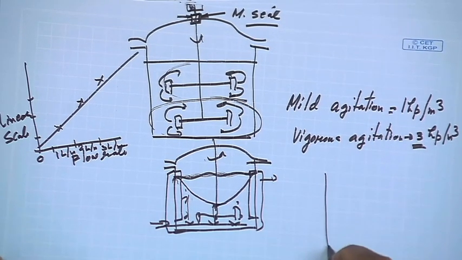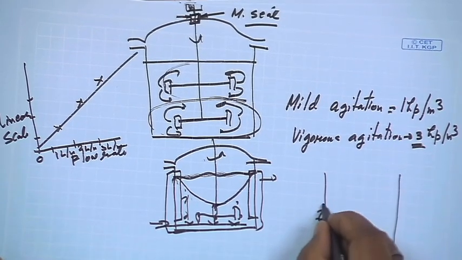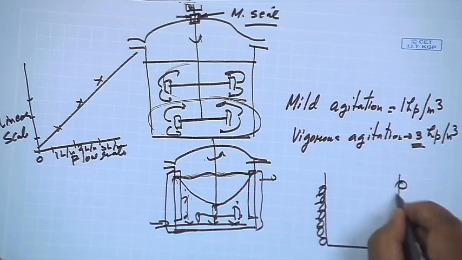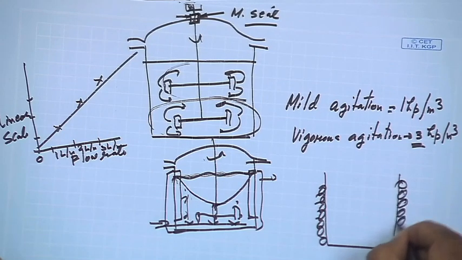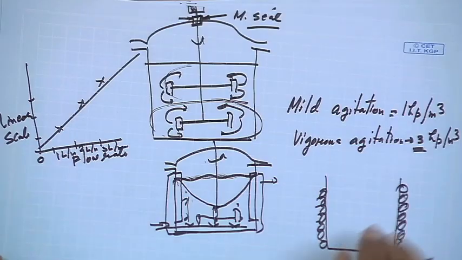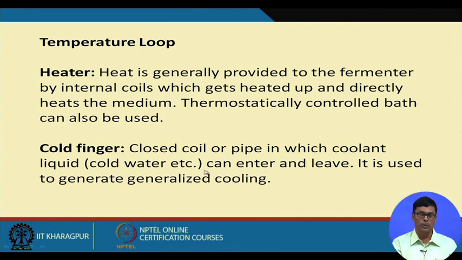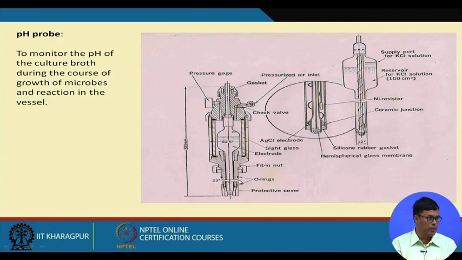So what we do basically is have a pipeline wrapped on the surface of the fermenter like this, so that water goes uniformly across the surface and has a cooling effect. Both cold water and hot water can be sent through this as per our requirement.